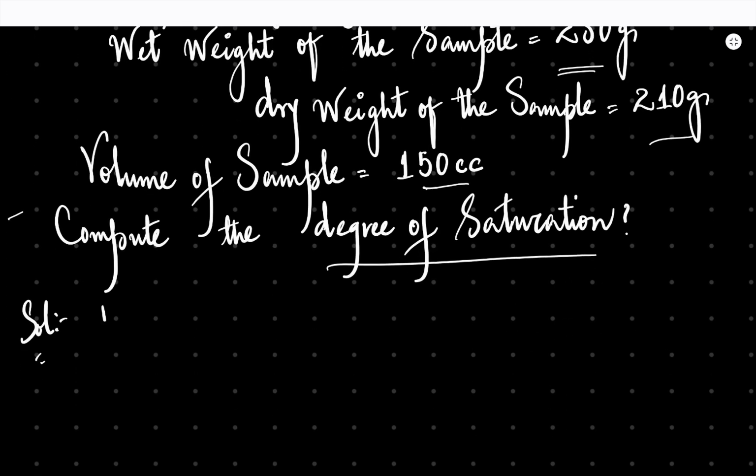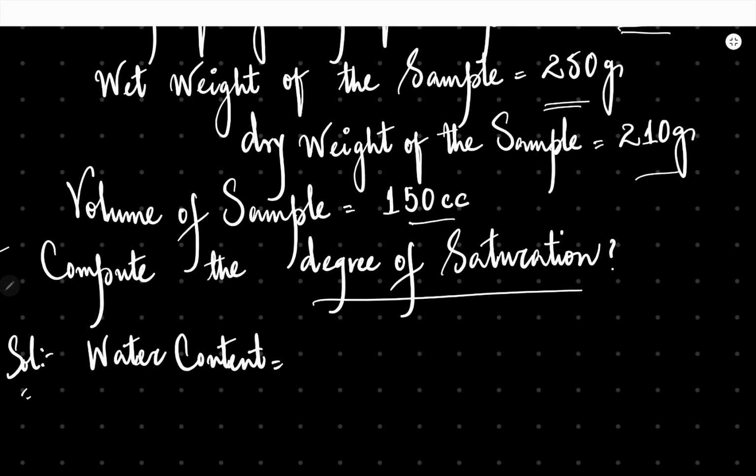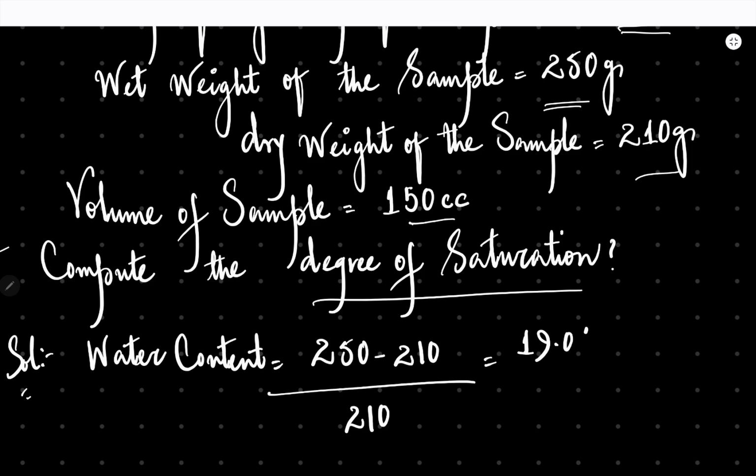Water content is equal to wet weight, that's 250 grams, minus dry weight of the sample, that is 210 grams, divided by 210, that is 19.04% is the water content of the sample.